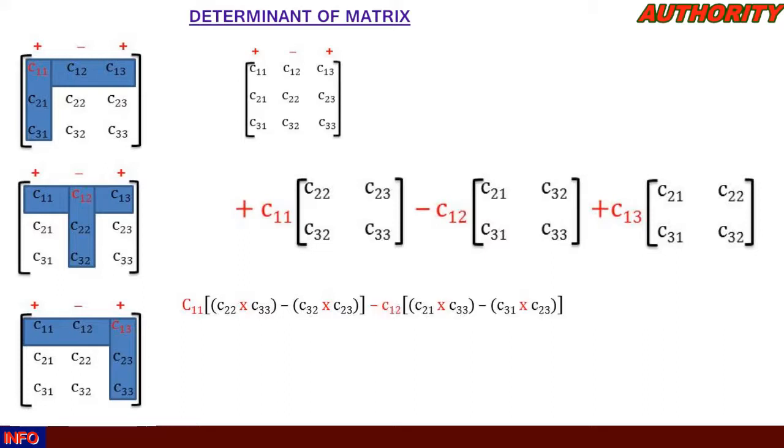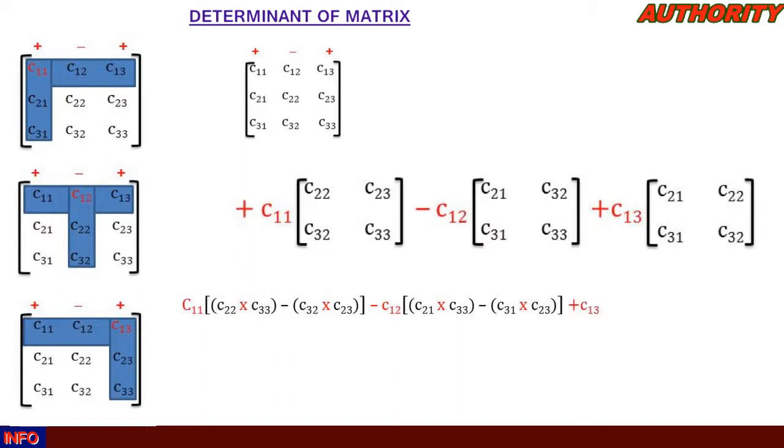Then we have minus, the number outside the second matrix, that is minus C12. Now, this 2 by 2 matrix, let's also do as if we want to find the determinant. That means we are going to say C21 multiplied by C33 minus C31 multiplied by C23. Okay, all this in bracket, and then we have plus C13.